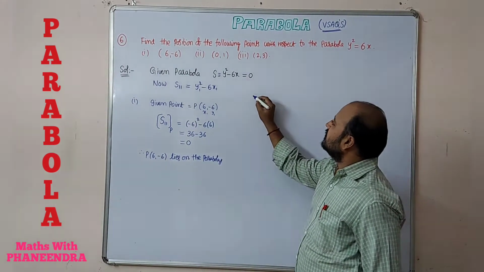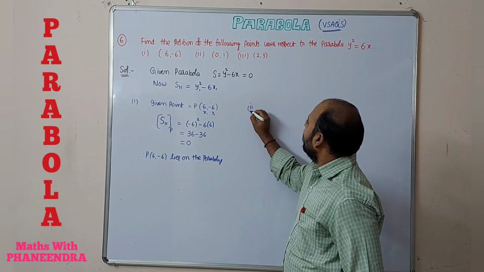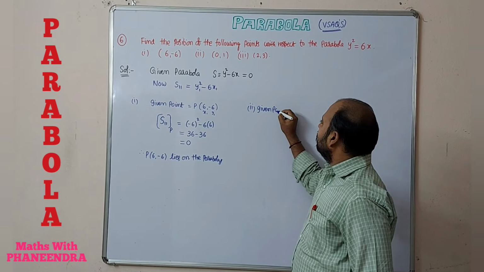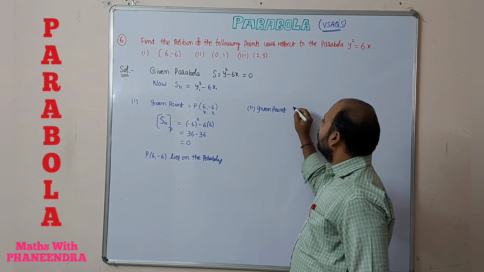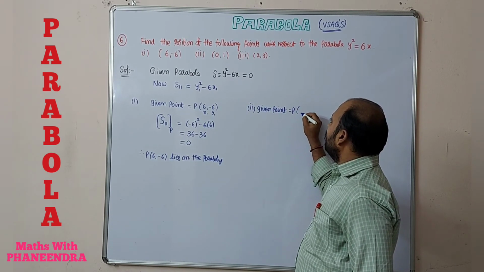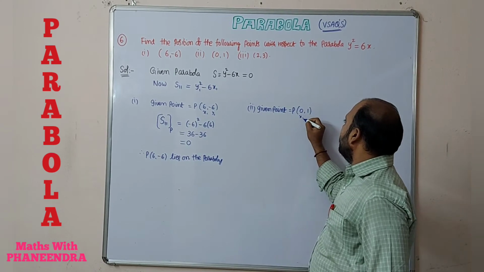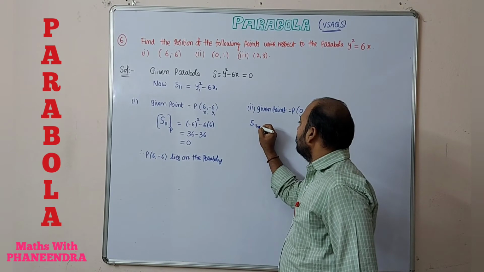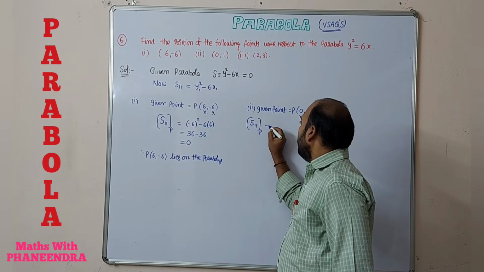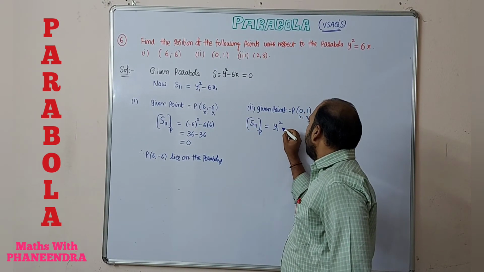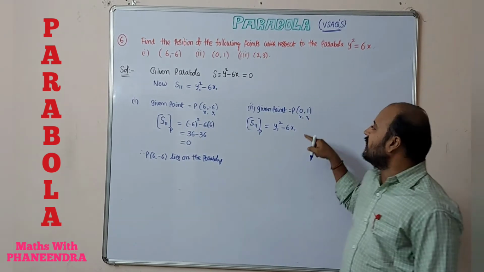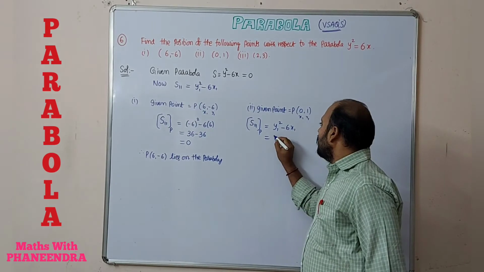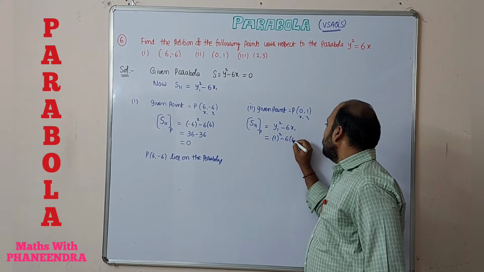Come to the second case. In this, the given point is P of 0 comma 1, this is x1, y1. Again consider S11 at the point P, y1 square minus 6x1. In place of x1, y1 substitute these values, which is equal to 1 square minus 6 into 0.